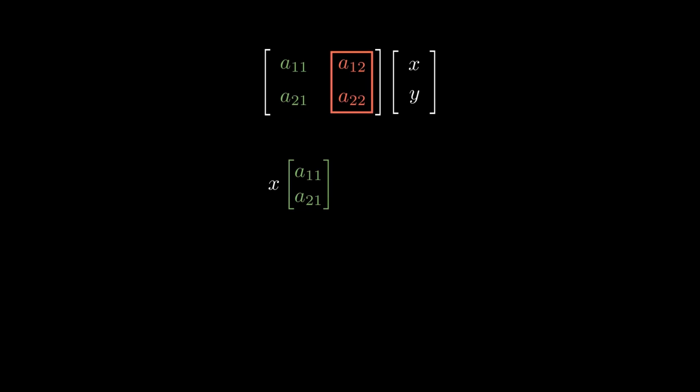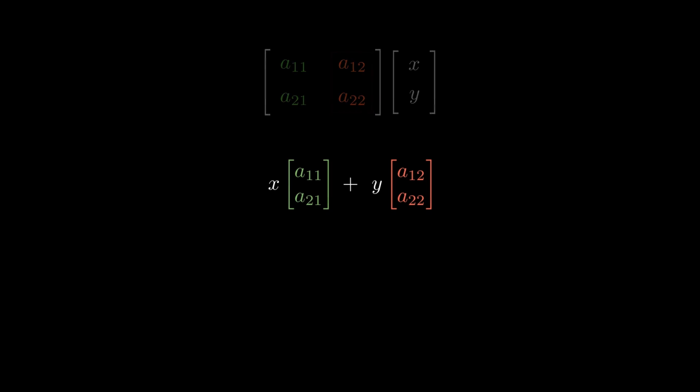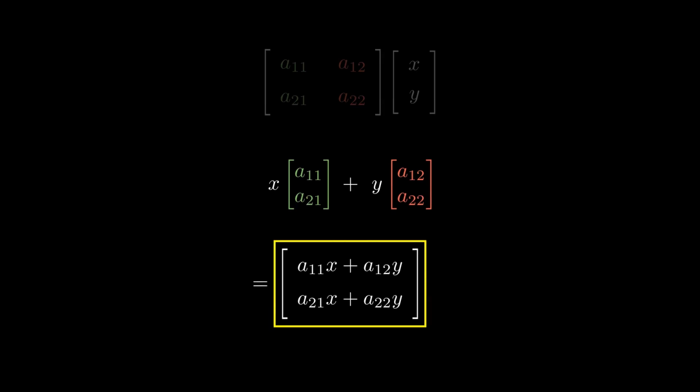We know that the second column of A tells us where j-hat, the basis vector in the y direction, goes. This new basis vector is scaled by y. This gives us the following: A applied to the vector (x, y) equals x times the first column plus y times the second column. This in itself is a new vector, which tells us where each x and y coordinate goes following transformation A.